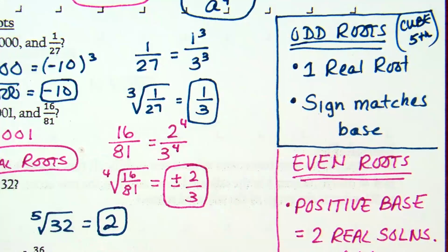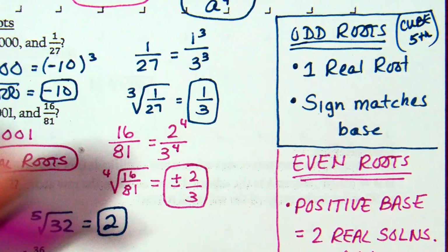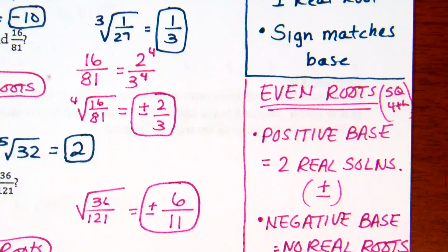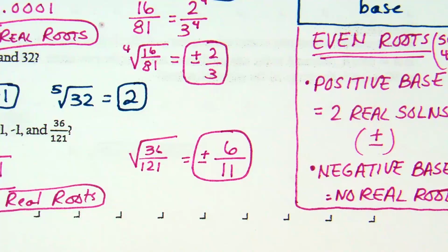Now, even roots. Even roots we worked on yesterday were what? Square roots and fourth roots. So if we talk about square roots and fourth roots here, can I get zoomed out enough so we can see a couple?